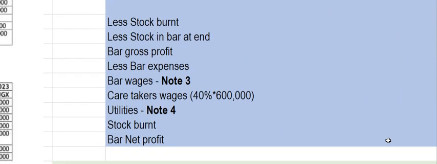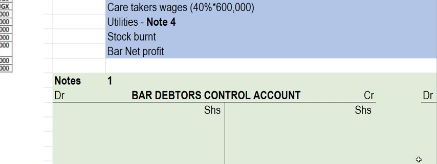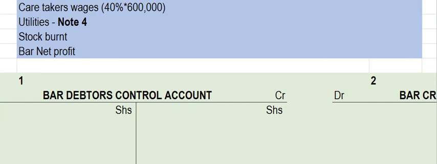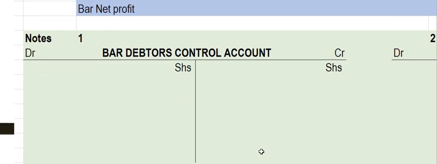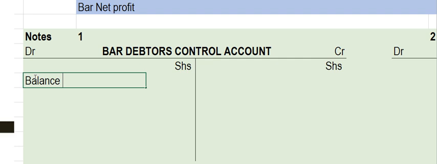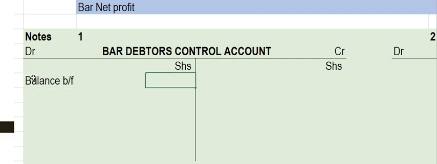So we are going to use the bar debtors control account. This is what we are going to use to arrive at the figure for the credit sales, which we shall take up there in our bar trading account. Bar debtors control account, of course, you need to enter the opening balance. This is a current asset, so it has a debit balance brought forward according to the rules of double entry.